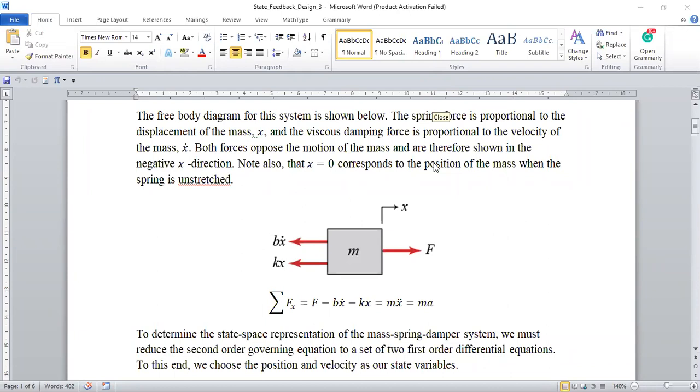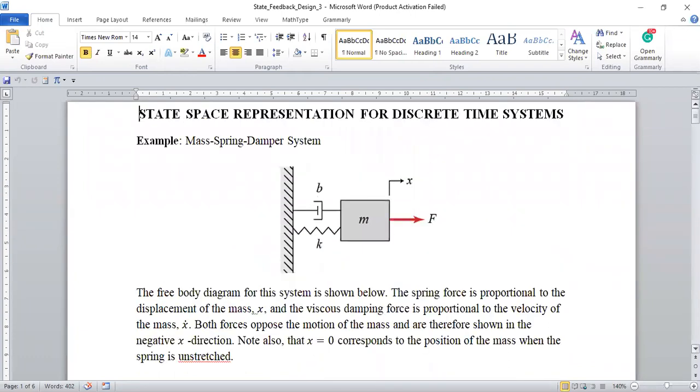Okay. So I said that last week we continued on the topic of state space representation for discrete time systems. We did this example of the mass spring damper system. From the diagram, we were able to get the dynamic equations for the mass spring damper system.